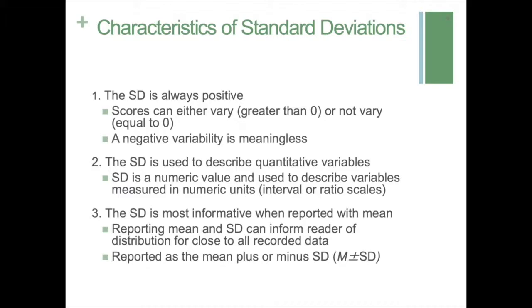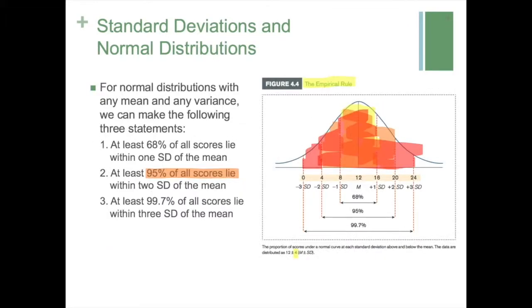So going back to our assumption about that normal curve, 95% of that data is going to fall within that range. So someone can immediately calculate and understand a little bit about where the percentages of a given distribution lie.